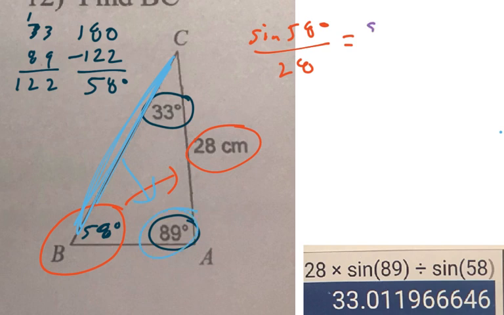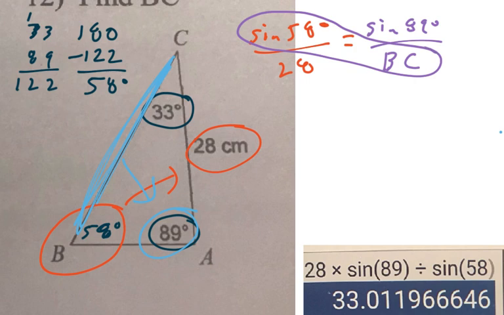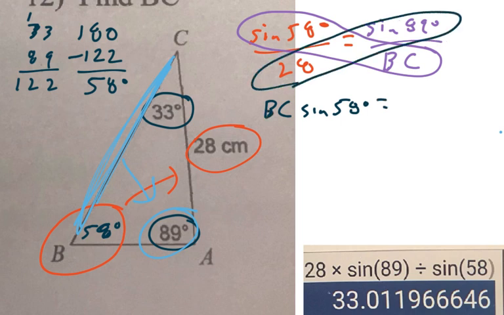So we're going to say that the sine of 89 degrees goes with our missing BC. And now we can do a little bit of algebra and solve here. So cross multiplying this way, I got BC times the sine of 58 degrees. That's got to equal, cross multiplying this way, 28 times the sine of 89 degrees.